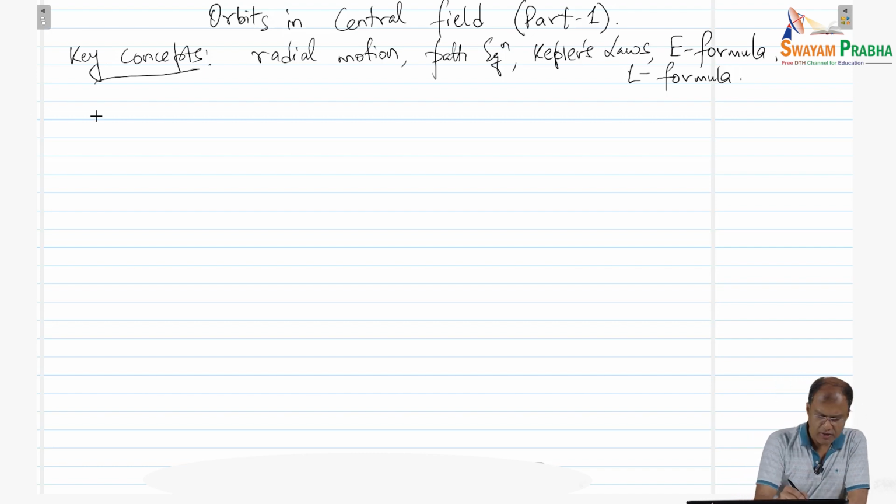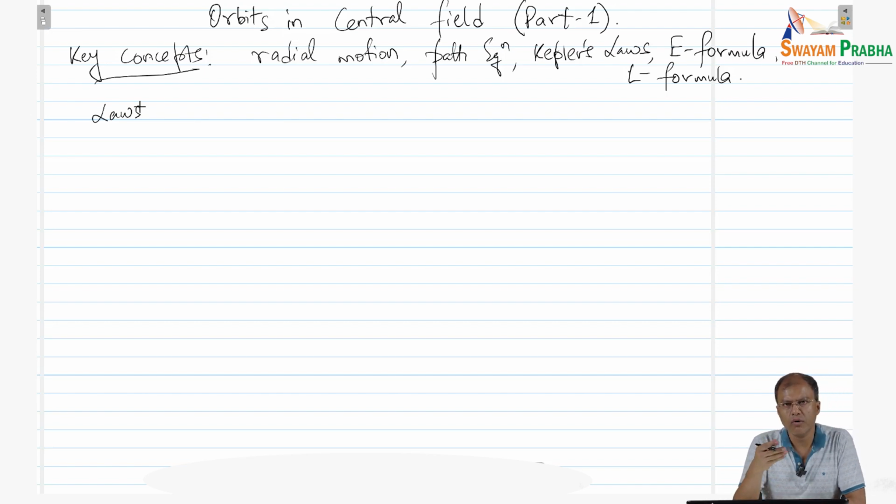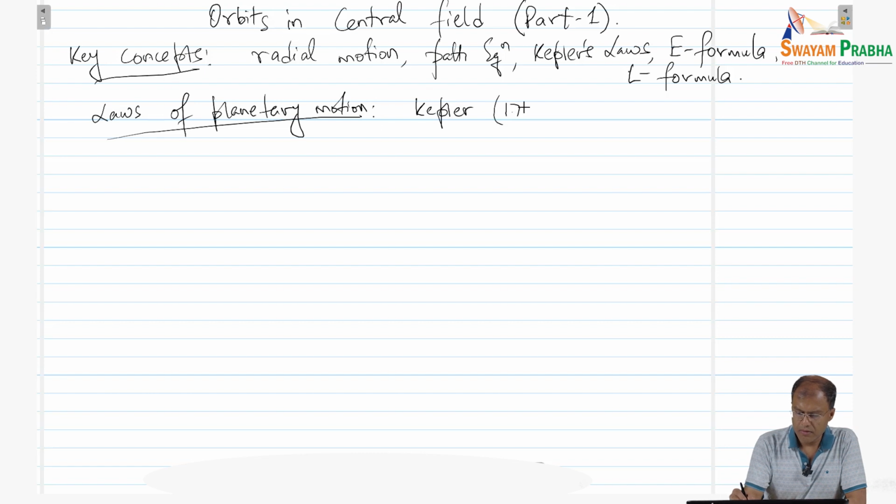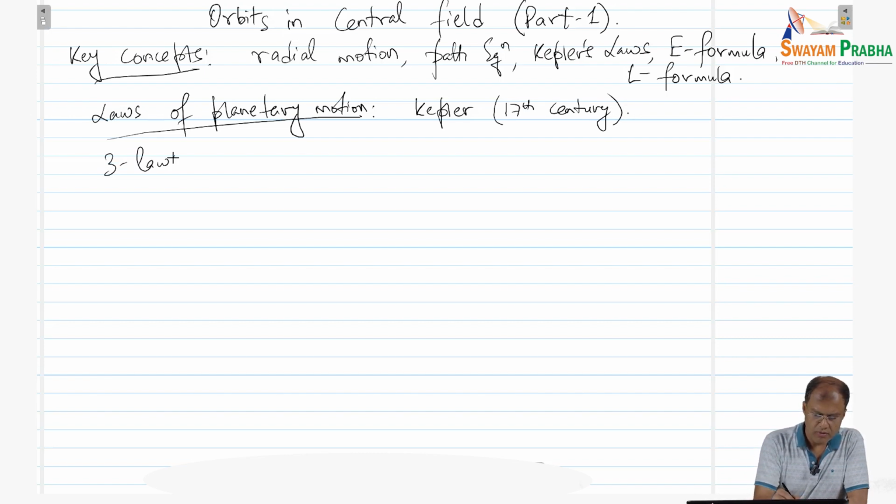So we'll right away mention the three laws of planetary motion, and one by one I'm going to show you how these three laws materialize through rigorous mathematics. So the three laws of planetary motion by Kepler.